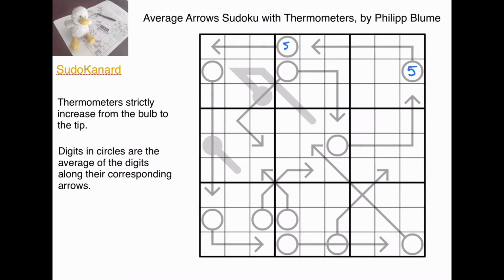And now the possible sums of 6 digits are between 21 and 39, and if you take multiples of 6, the only possibilities are 24, 30, and 36. But 30 would make this a 5, which would conflict with this one. So the sum of all those digits is either 24 or 36, and this is 4 or 6.